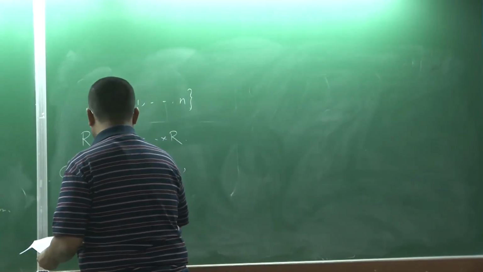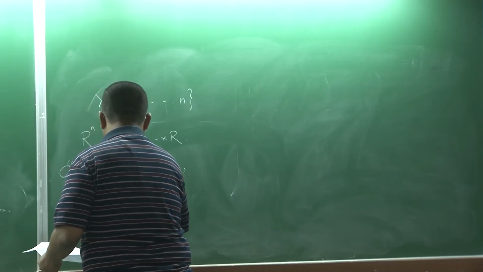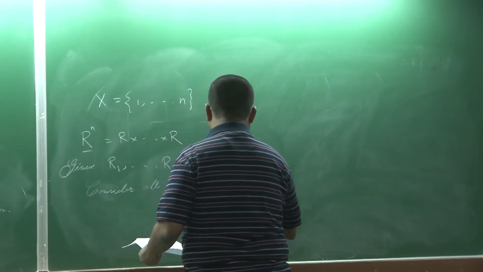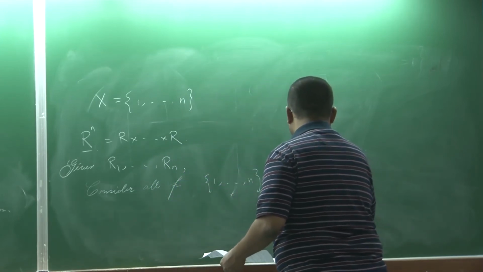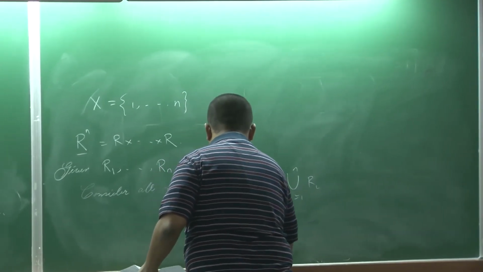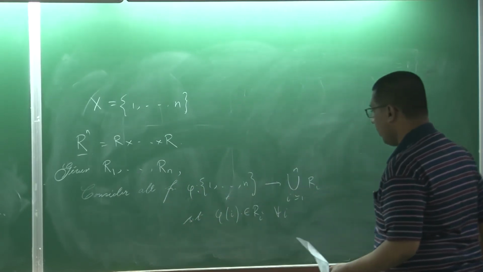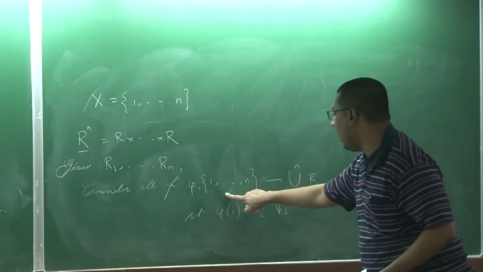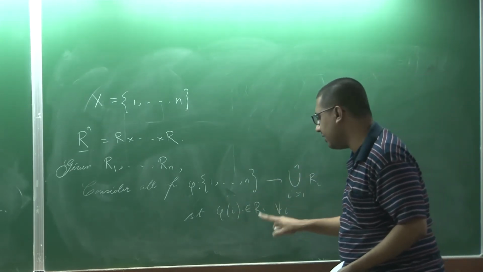Then we consider all functions from 1 up to n to the union of the Ri's, all functions such that phi of i belongs to Ri for each i. So we consider all functions whose value at the ith point lies in Ri.